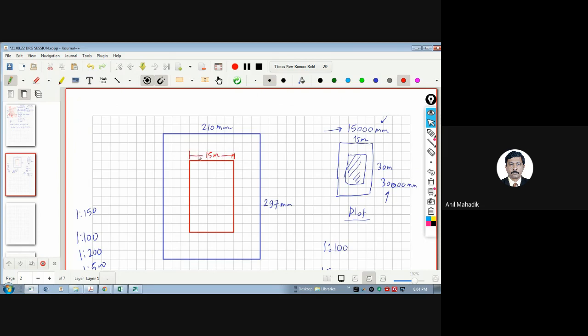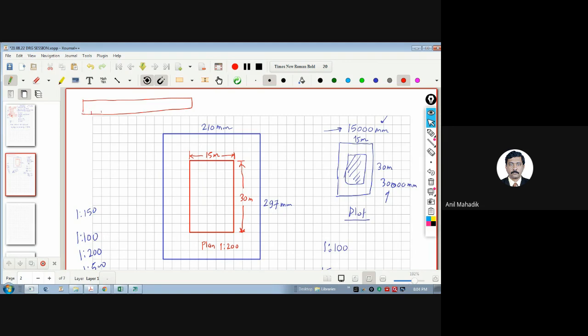Whenever I draw any dimension on the paper, it is the side dimension, 30 meters, let's say, or 30,000 mm, whatever. And whenever I say plan, I will write here 1:200. Now, if you put the scale on this drawing, then how much dimension will you get on the scale? You see, we have a scale like this, a 1 feet scale.